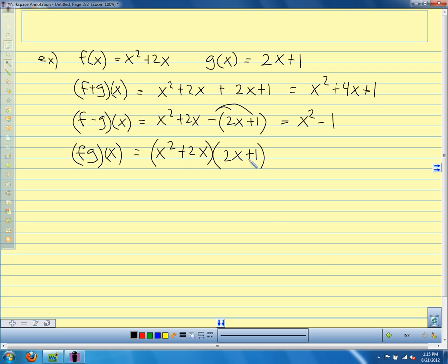So when I FOIL this out, the first is 2x to the third, plus the outside, x squared. The inside is 4x squared, plus the last is 2x. Then I'm going to combine my like terms: 2x to the third plus 5x squared plus 2x.